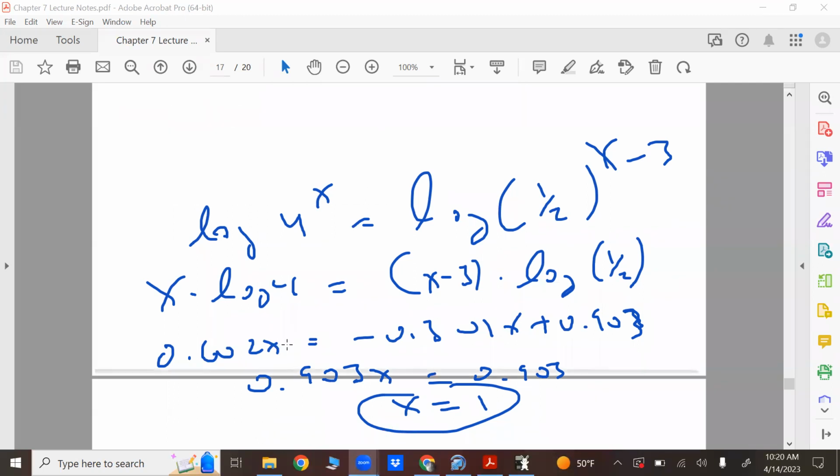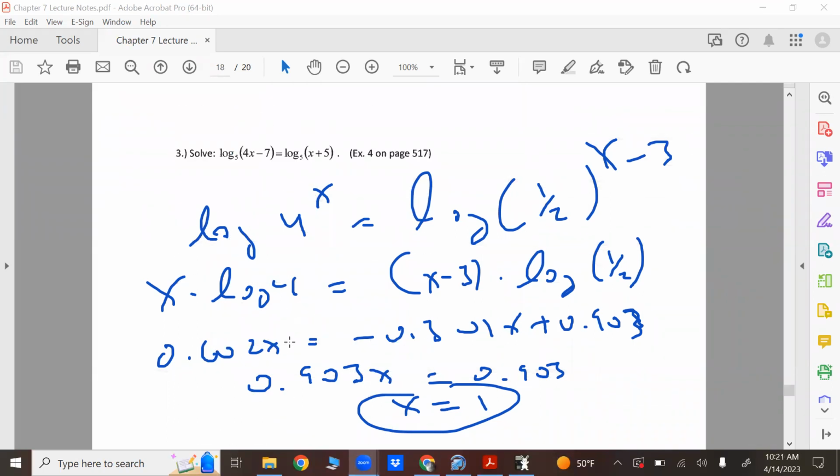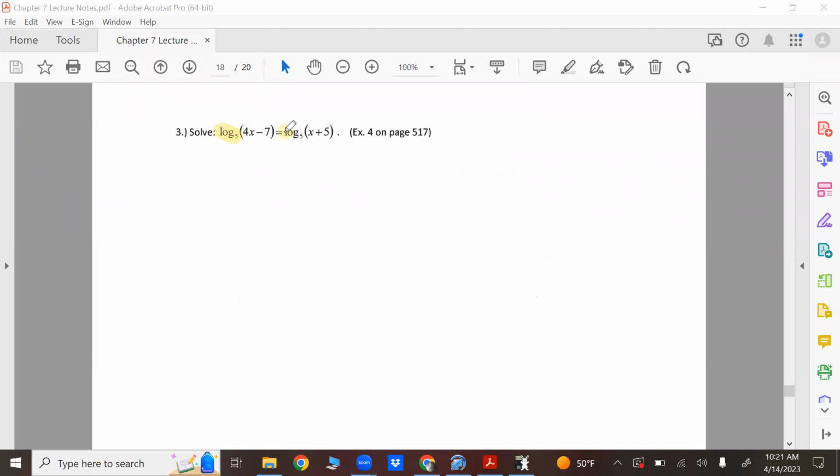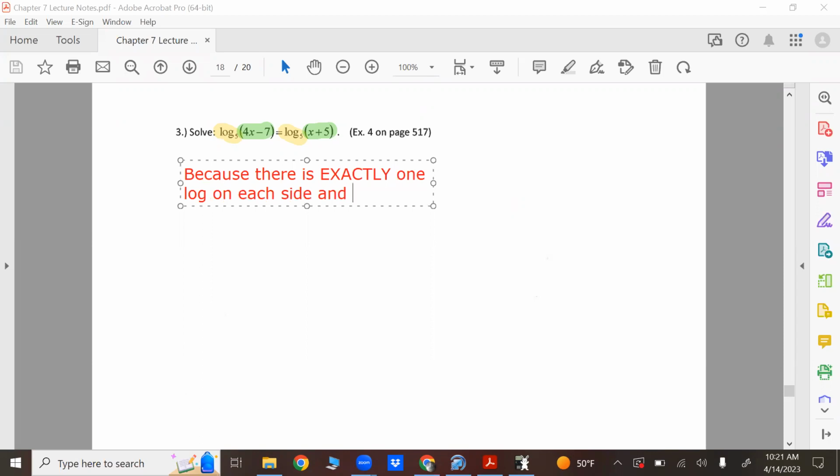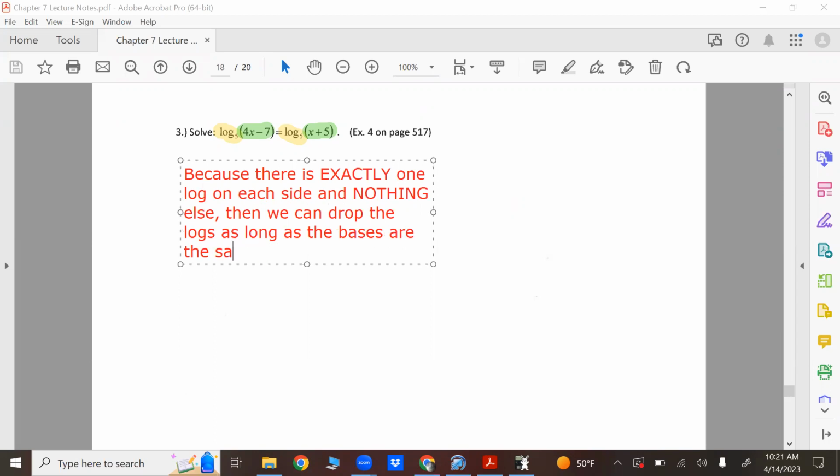So let's move on. Now let's look at number 3. Number 3 is a little different because a log is already given to you. Now look over here. Is that the same? You can just take that. Yes, exactly. Because there is exactly 1 log on each side and nothing else, we can drop the logs as long as the bases are the same.